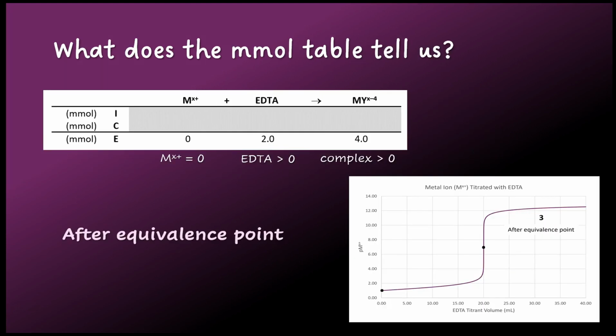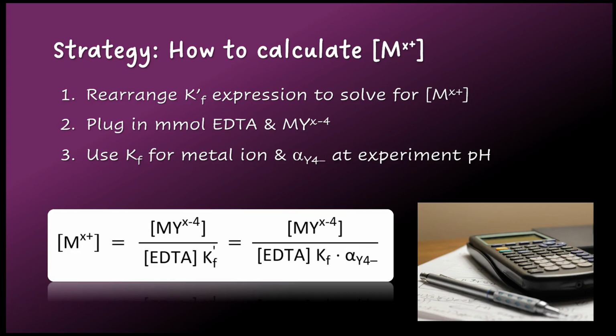This puts us in the region of the titration curve after the equivalence point. Here, the amounts of EDTA and the complex will influence the calculation of the metal ion concentration in solution. In this region, we have a different type of calculation than what we've typically seen.